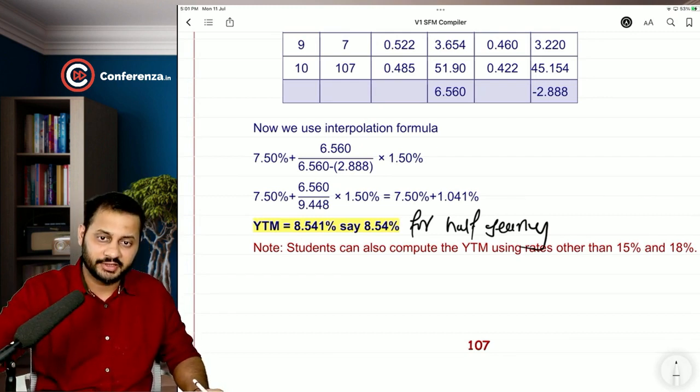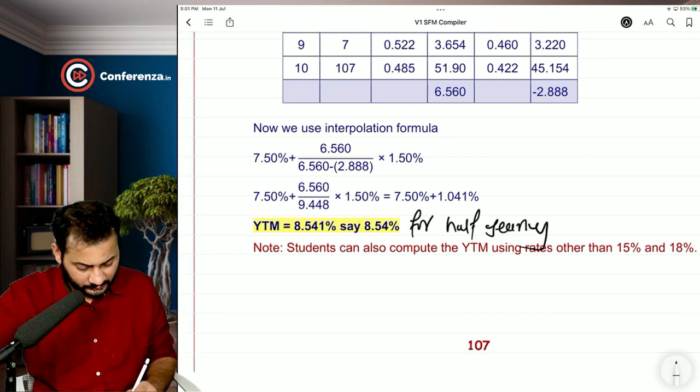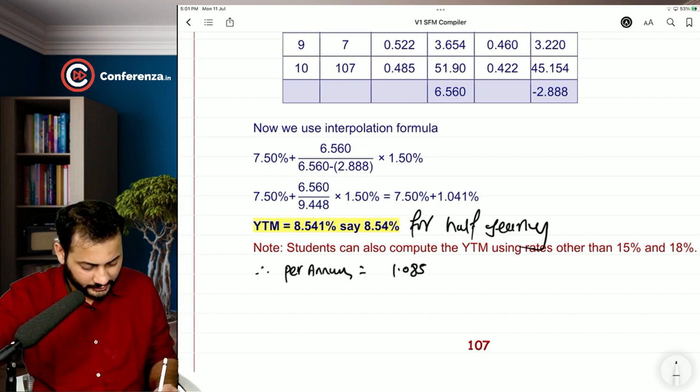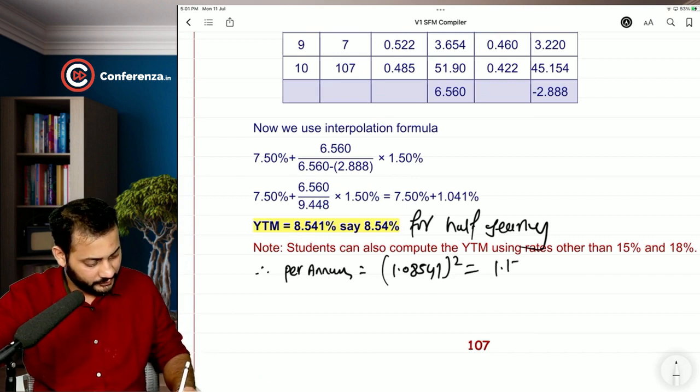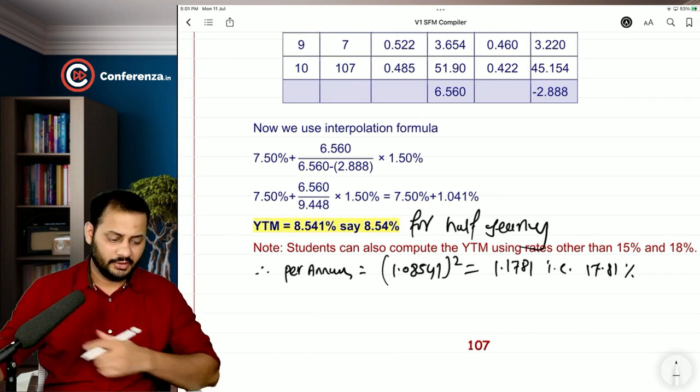So there is one correction that you need to do, an addition that you need to do. Therefore per annum will be 1.08541 square, that's 1.1781, that is 17.81%. Why square? I will tell you.